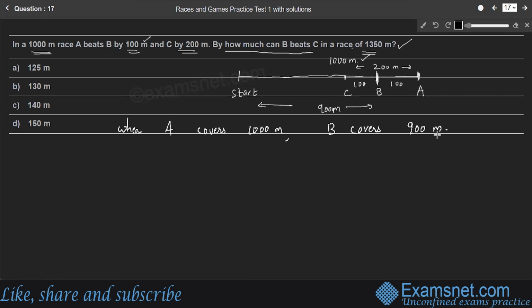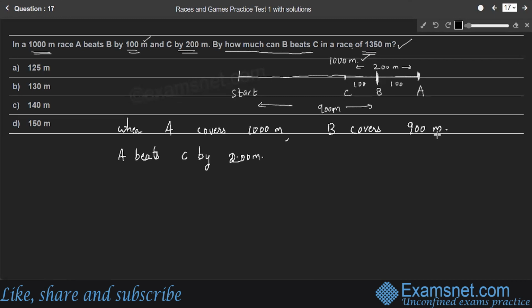And A beats C by 200 meters and B by 100 meters.